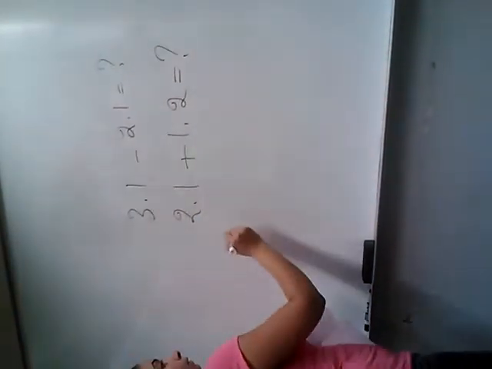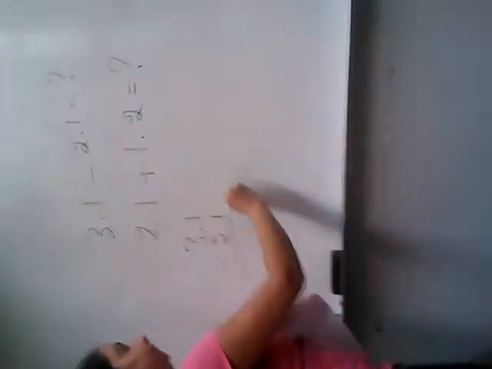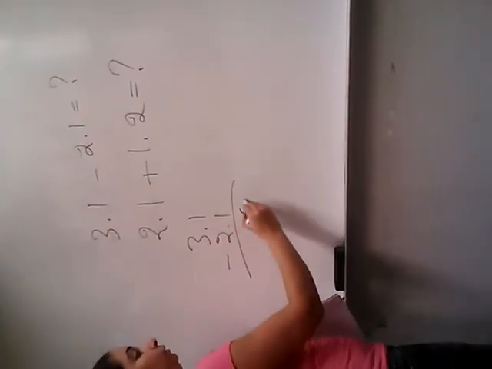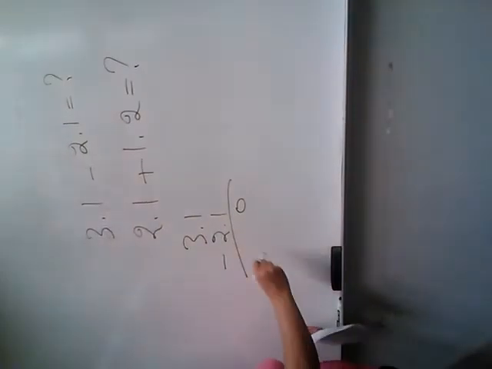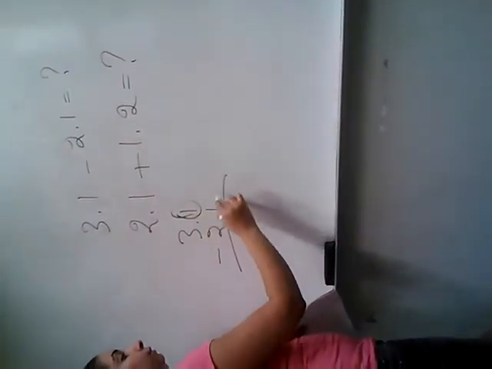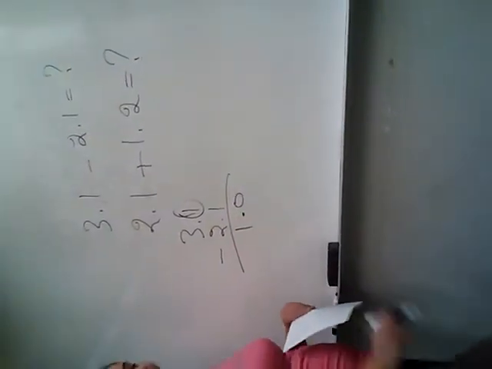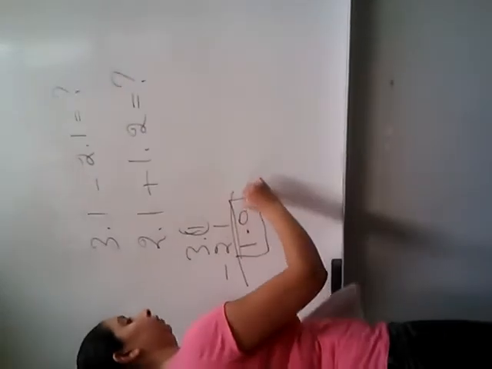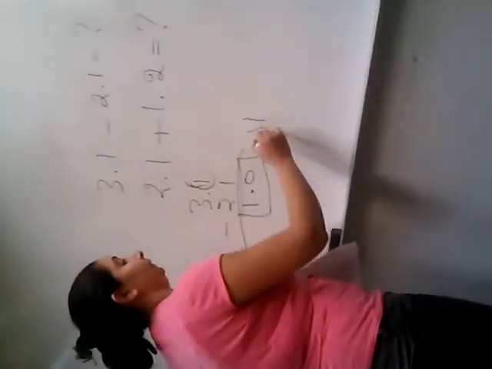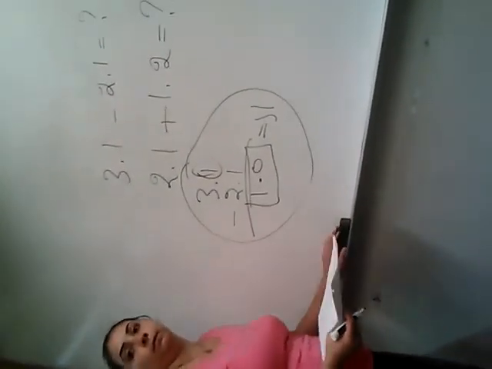Okay, 3.1 minus 2.1. 1 minus 1 is 0, and 3 minus 2 is 1. And we have here one number, so that's going to be after this number. So we have 1.0 or 1. Any question? Okay.